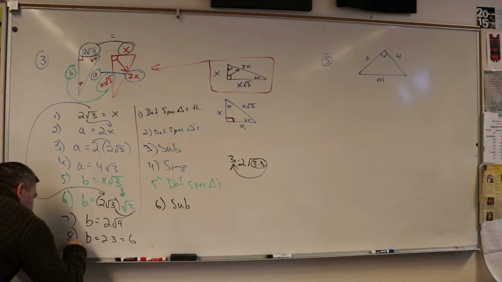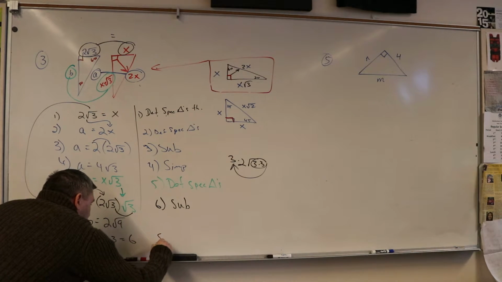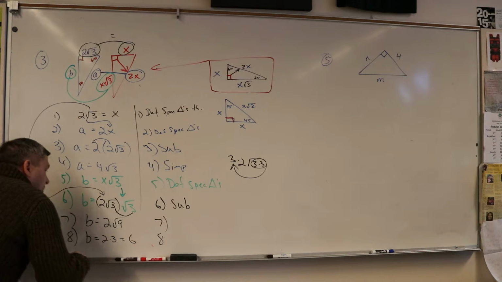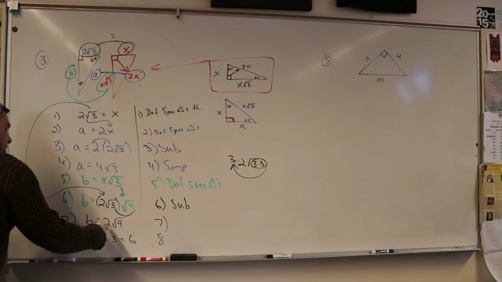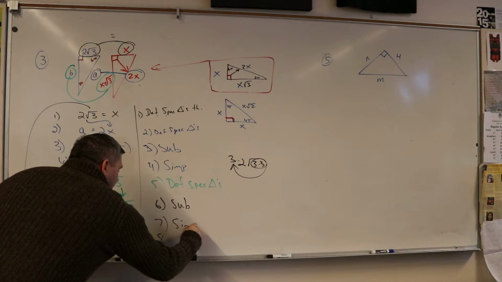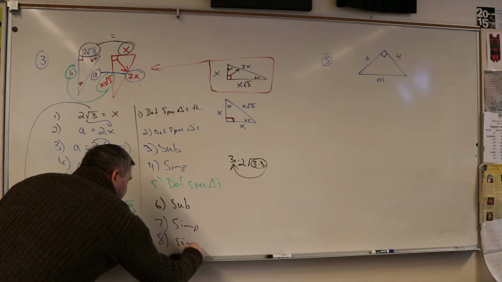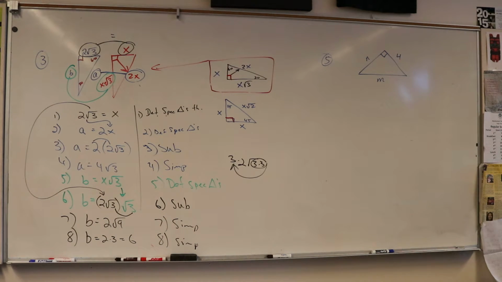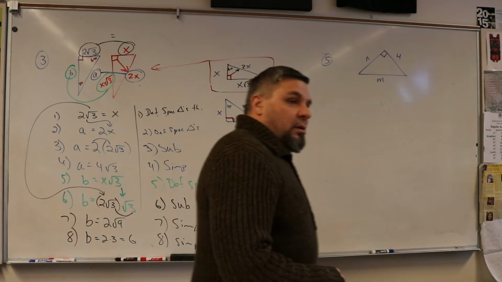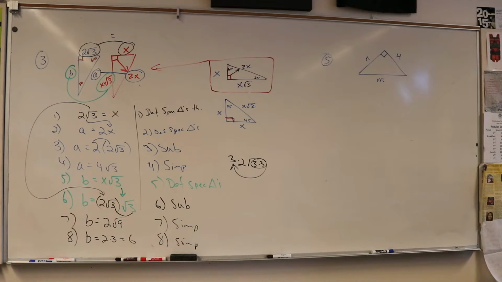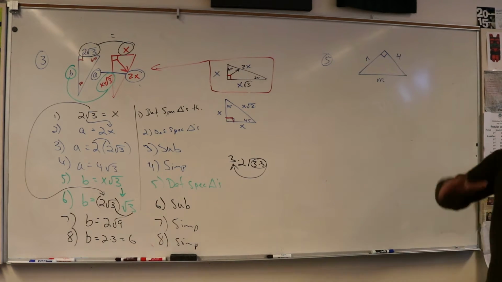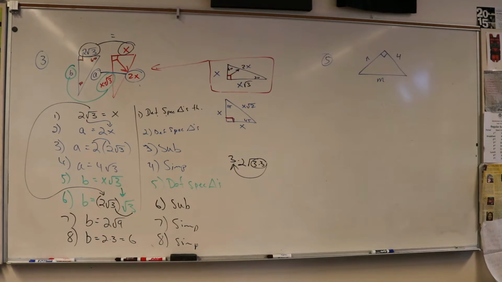And what do we call that? So this was simplify, and this is also simplify. Okay? So B is 6. And that's number 3. Right? Number 4 is even easier. But it's different. Number 5, sorry.